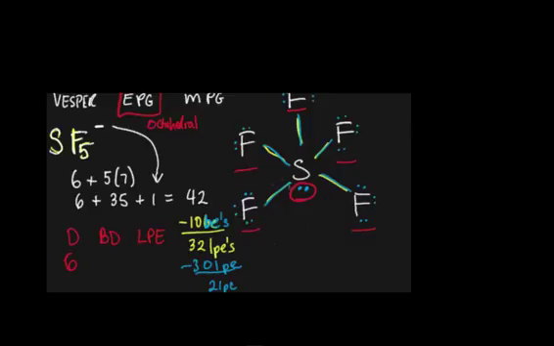Okay, all right, so now how many of these domains were bonding domains? 5. 5, very good. And then 1 lone pair. So this is what tells you what your MPG is, okay? So the fact that we have 5 bonding and 1 lone pair domain tells us that our MPG is what?